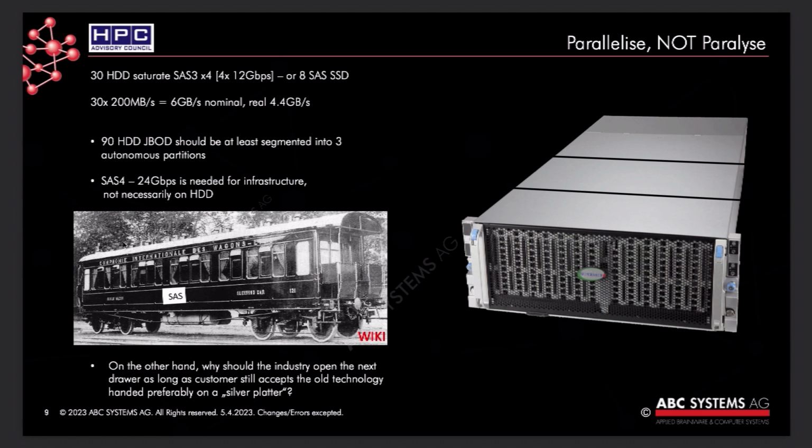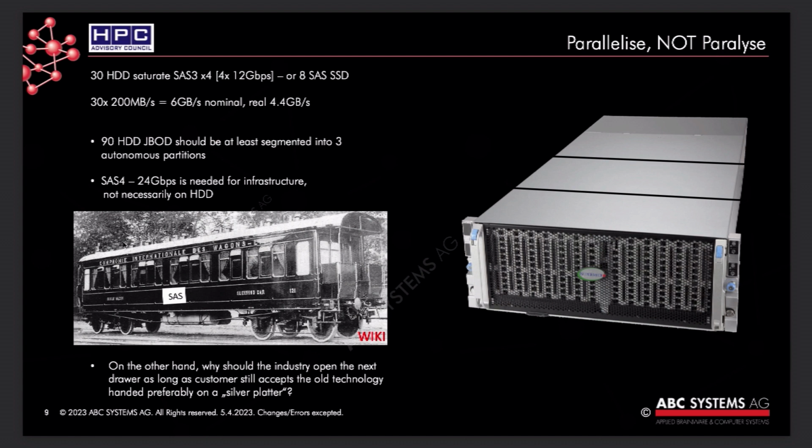And if we follow this way, we have to have parallelism and segment, for instance, a JBOD or a disk subsystem, at least a 90-drive box, into at least 3 autonomous areas. If you don't do that, it's useless, because you can't take out the potential that's available.